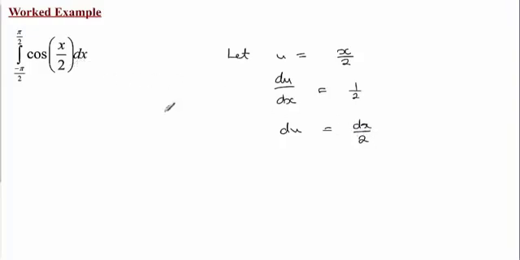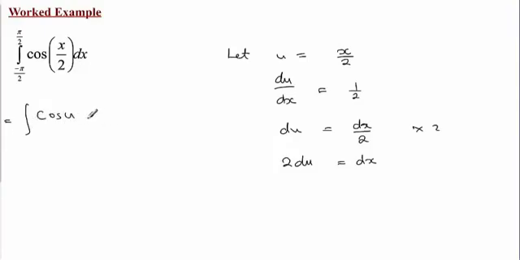Again, here we have to simplify because we don't have dx over 2 there. We multiply both sides by 2. We're going to have 2 du equals dx.